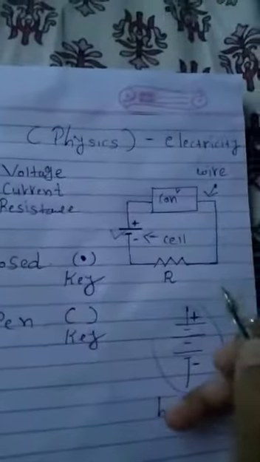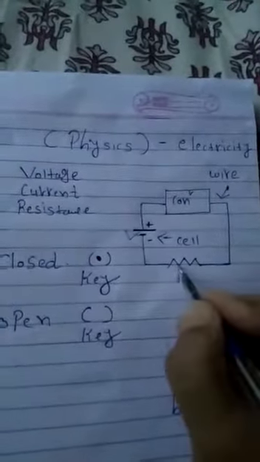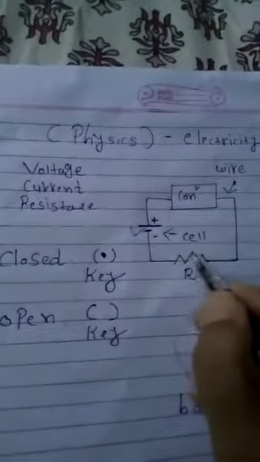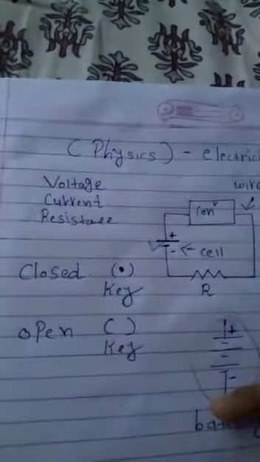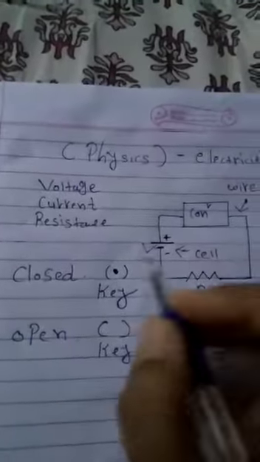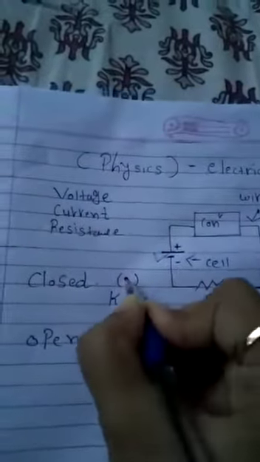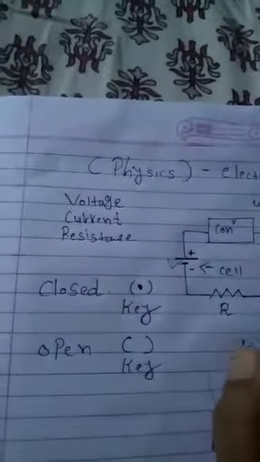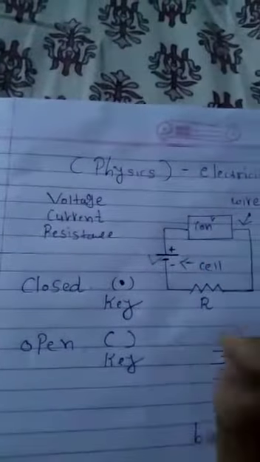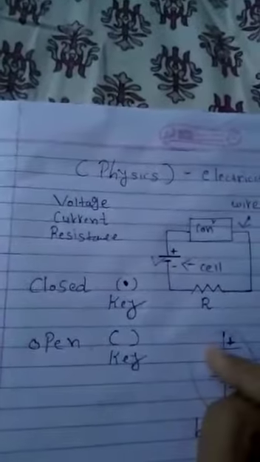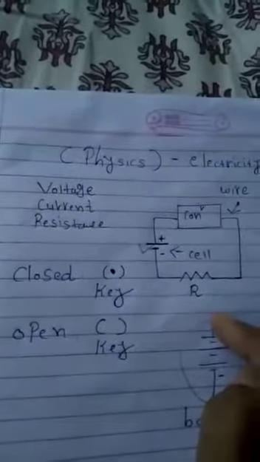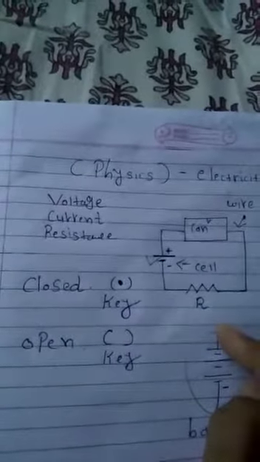You know the resistor symbol. Why is it crisscross? We will see why the symbol is crisscross. This is called a key. The key is pushed inside, that's why it's closed. And only this closed circuit can pass the charges, right?